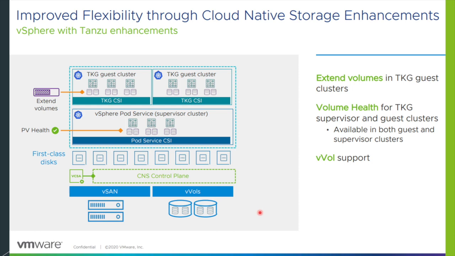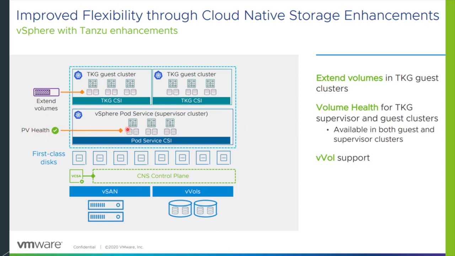Okay, so moving on. We have extended volumes in TKG guest clusters, which is the Tanzu Kubernetes volume health for TKG supervisor, and the guest cluster, available in both guest and supervisor clusters. This is kind of self-healing.